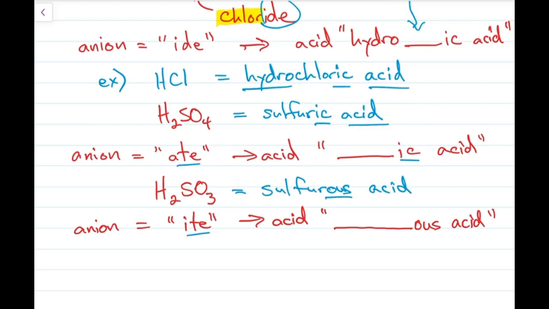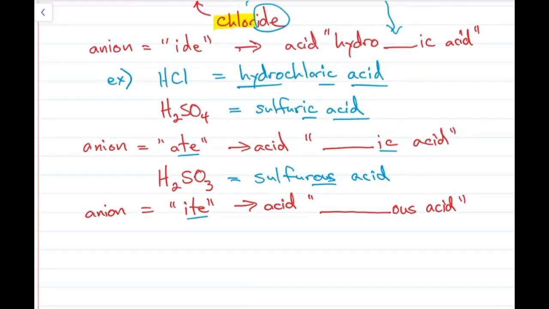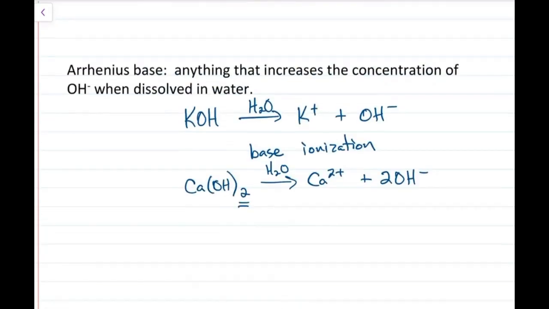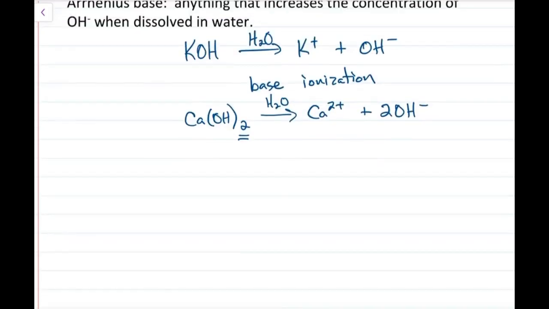Bases, we don't even have to take notes on naming bases, because bases, if we go back up to our example, or two examples I should say, it's not a new system. KOH, we've always called, since September when we learned about naming ionic compounds, and we learned about polyatomic ions, we've always called this potassium hydroxide, and that's what we're going to call it here.